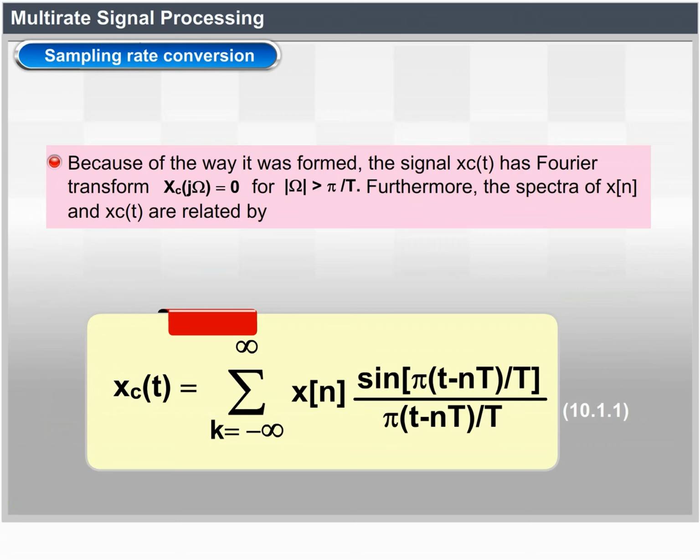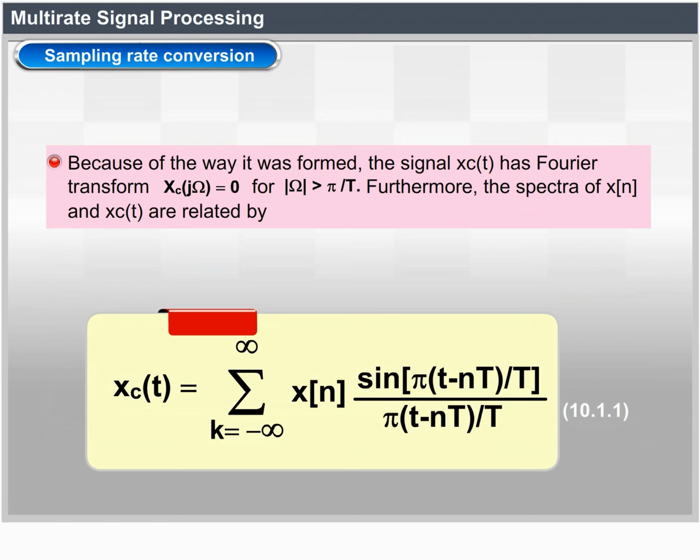Furthermore, the spectra of x[n] and xc(t) are related by X(e^{jΩT}) equal to 1/T summation k equal to minus infinity to plus infinity Xc(j(Ω - kΩs)), which is called equation 10.1.12, where Ωs equal to 2 pi/T is the sampling frequency.